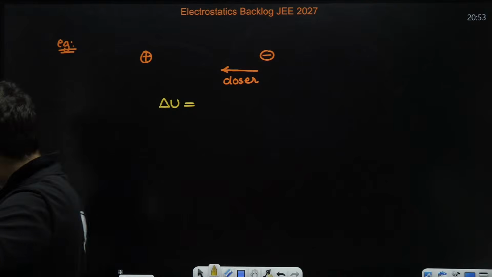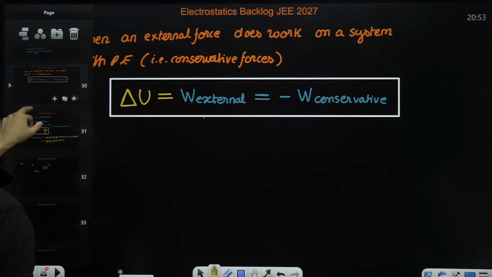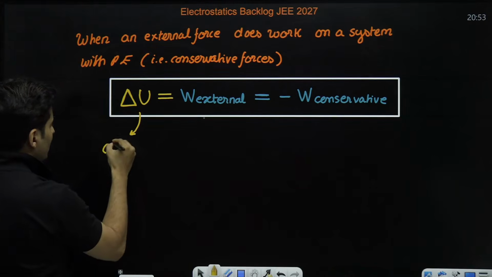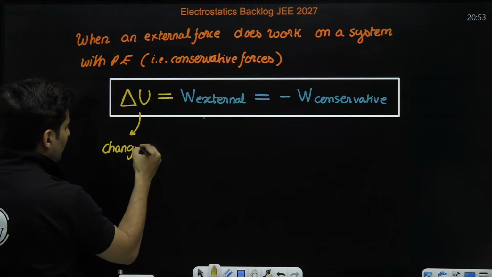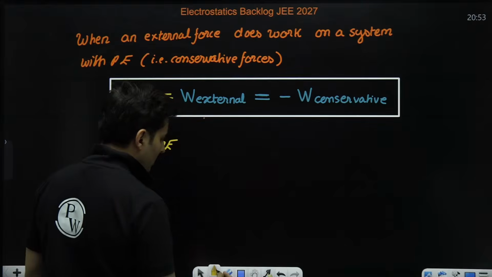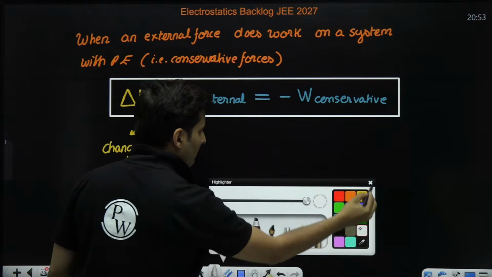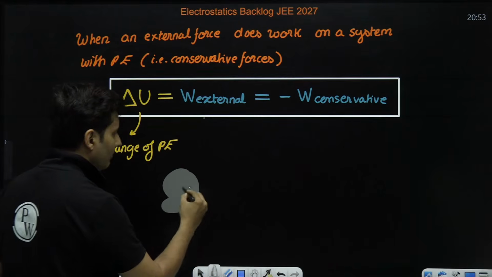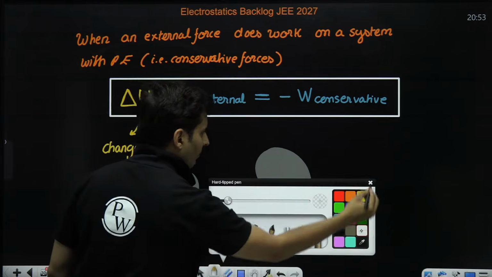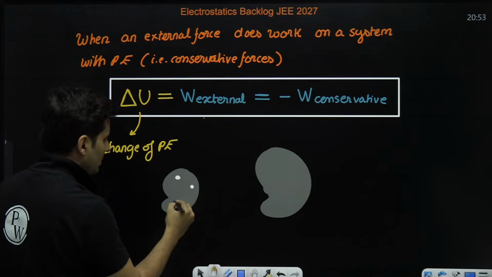Delta U, Payal, is the change of potential energy. Just imagine this. Maybe you had some system. It was initially like this.